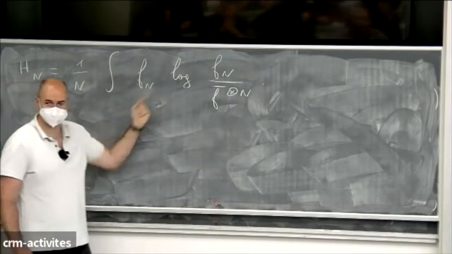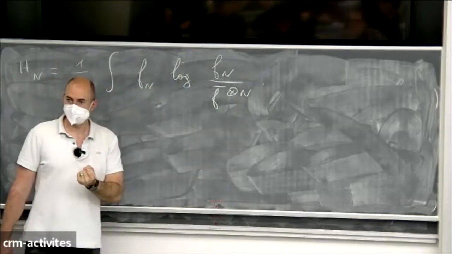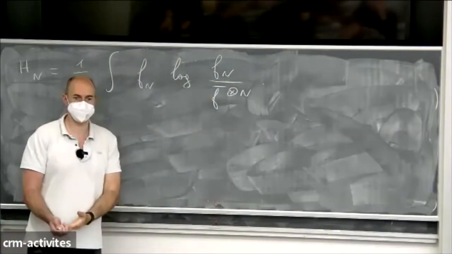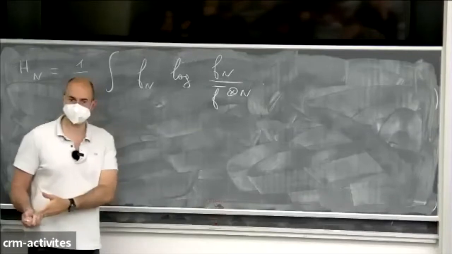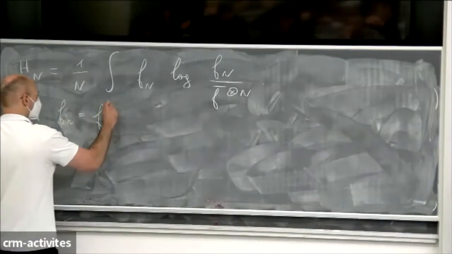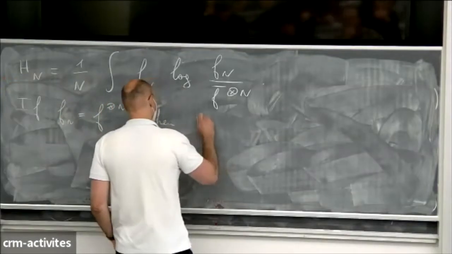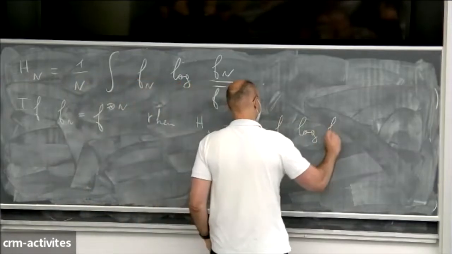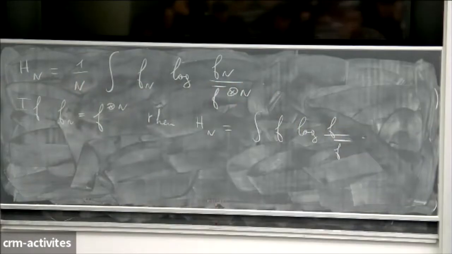You can see this because if Fn is tensorized as well, then this would become just the standard relative entropy between the two tensorized things. If Fn was F tensorized n times, Hn is just the integral of F log F over F bar. That has the right scale.